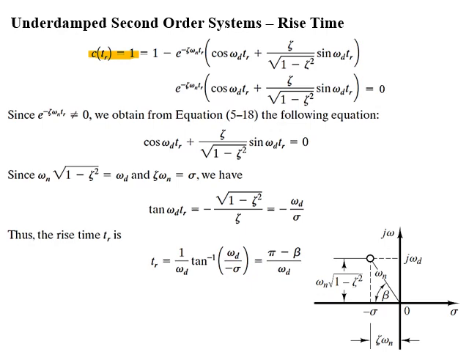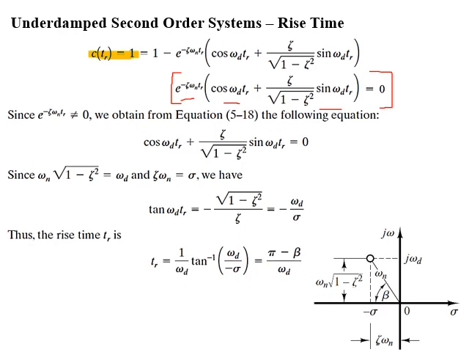Making rearrangements, we get the equation: exponential power minus zeta omega n rise time, multiplied by the sum of cos of omega d rise time plus zeta divided by square root of 1 minus zeta square, times sine omega d rise time, the whole equals 0.